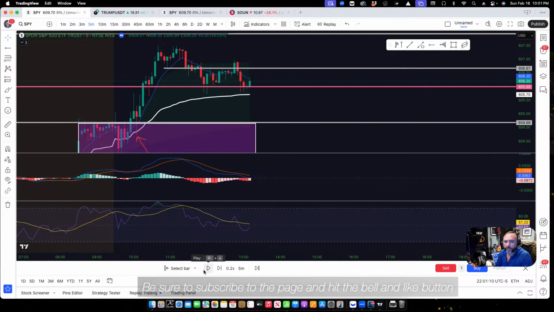Okay, that candle held. How much do you pay to use TradingView a month? TradingView has a free tier. Yeah, it does have a free tier with some things on it.